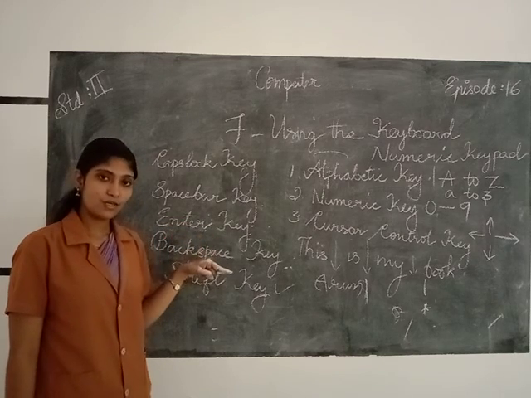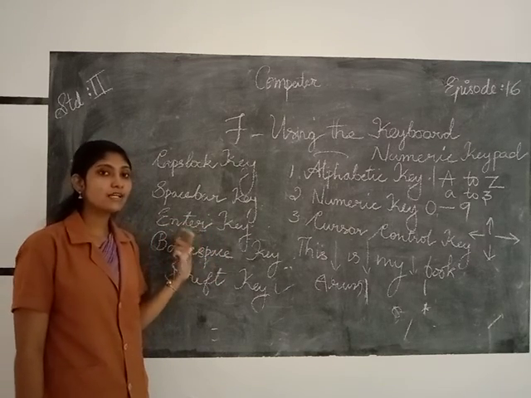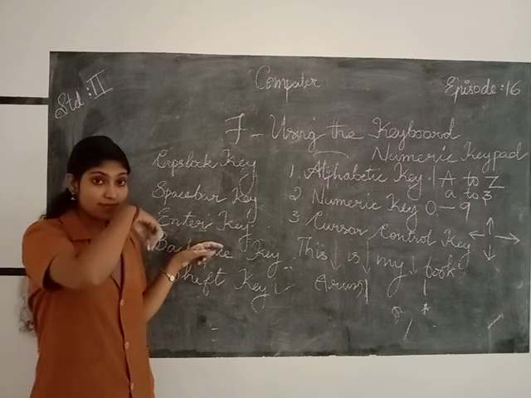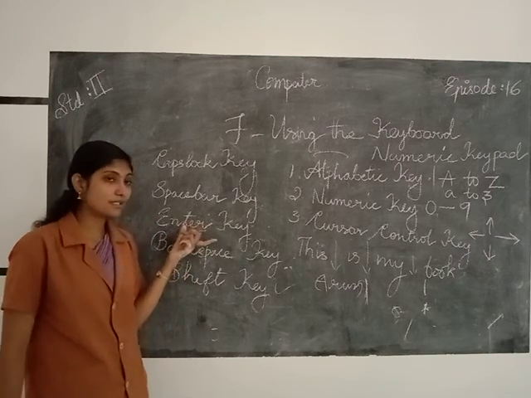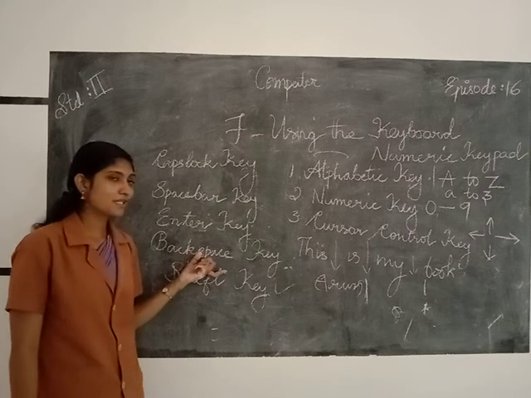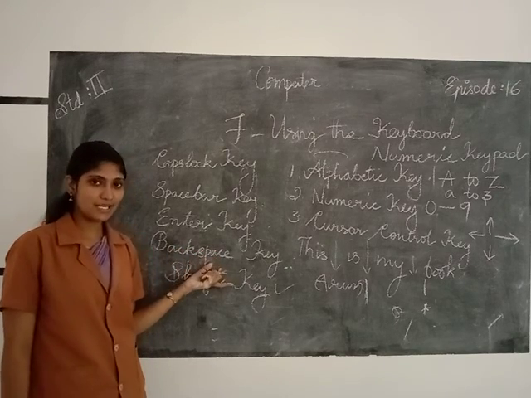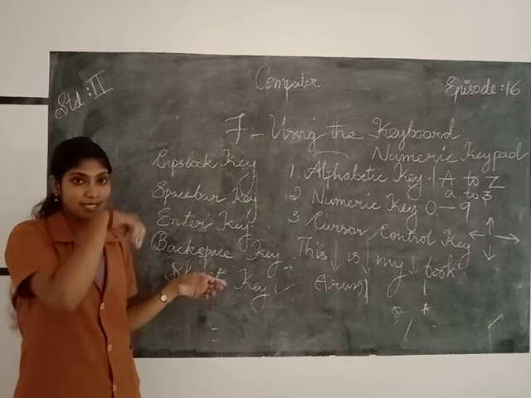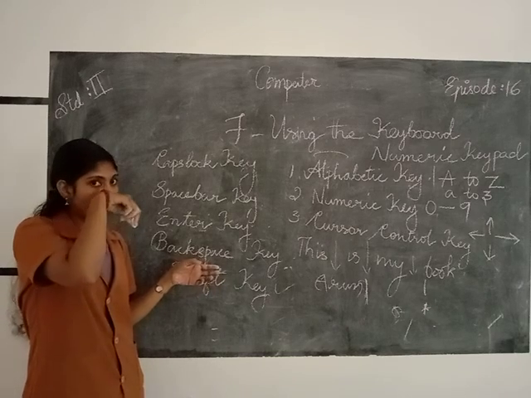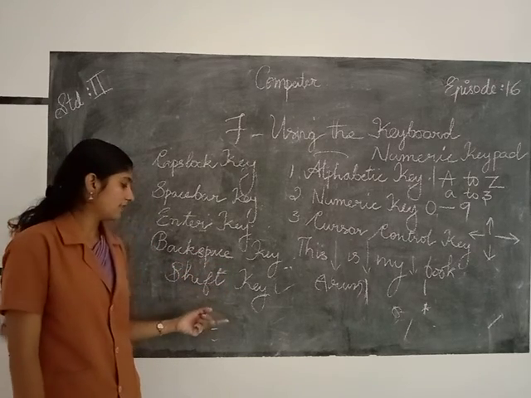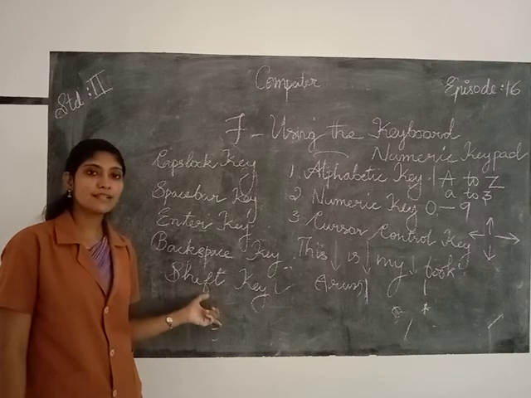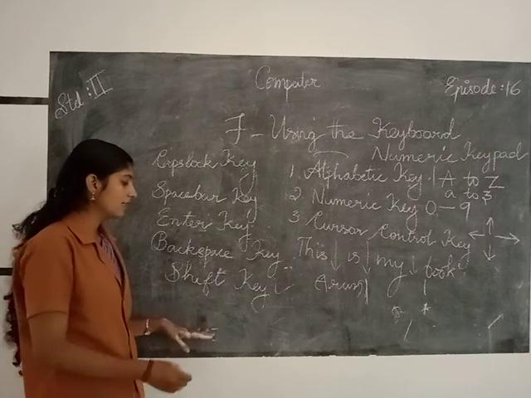To give a new line, the cursor will move to the next line when you press the enter key. Then the backspace key is like an eraser. It is used to erase the letters on the left side of the cursor. And the shift key is used to print the signs.